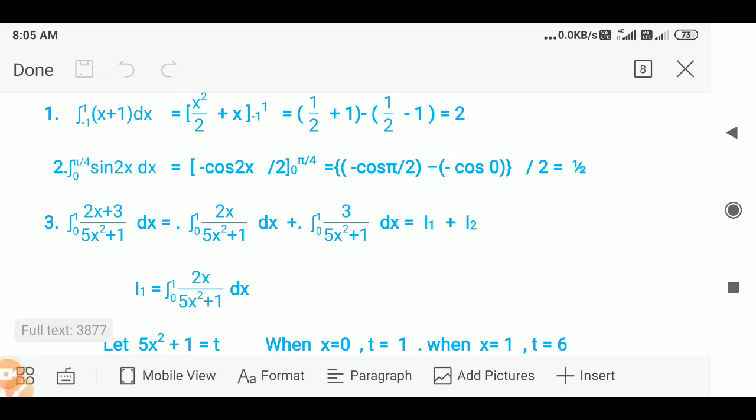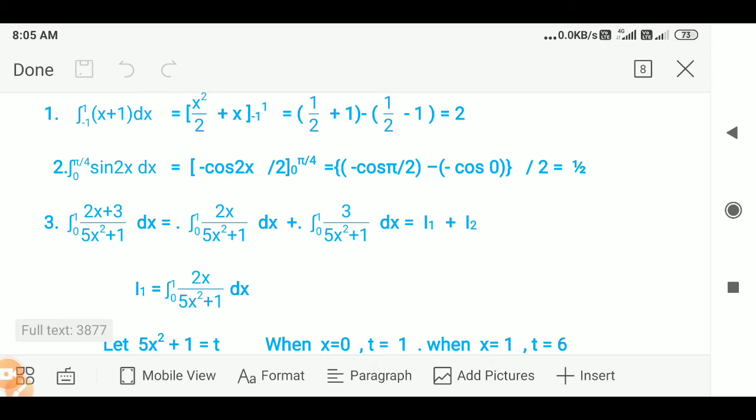So we get minus cos of 2 into pi by 4, that is pi by 2, minus cos 0, whole upon 2. Thus cos pi by 2 is 0 and minus cos 0 is 1. So we get 1 upon 2.